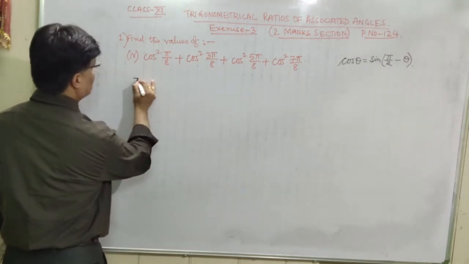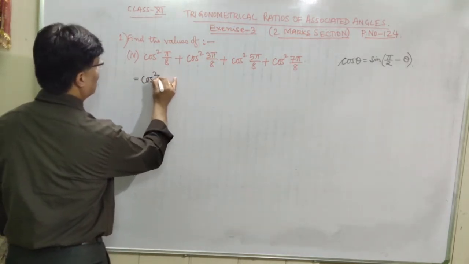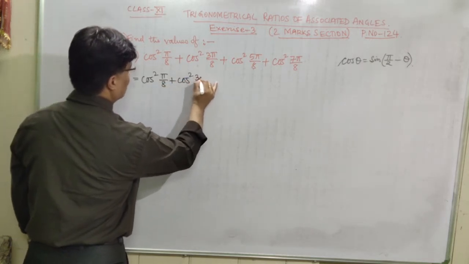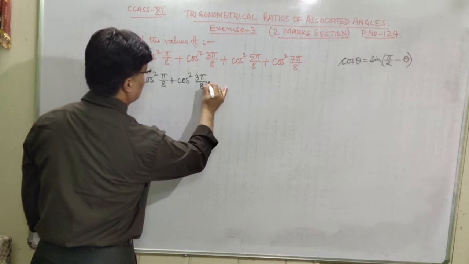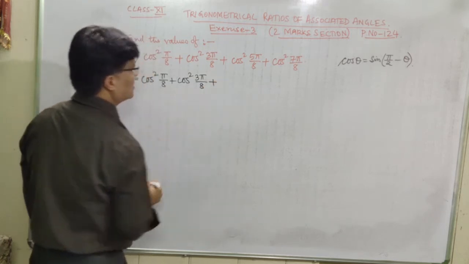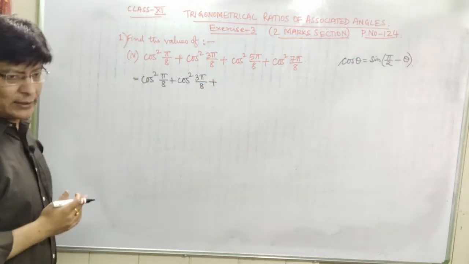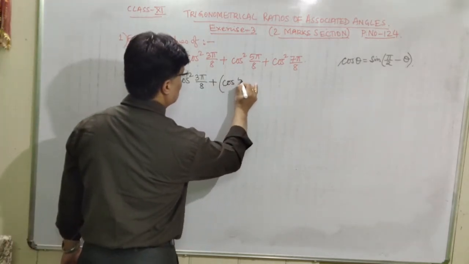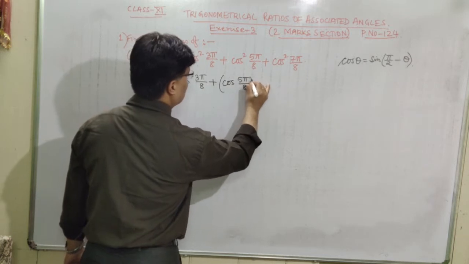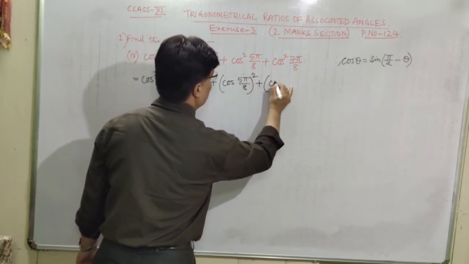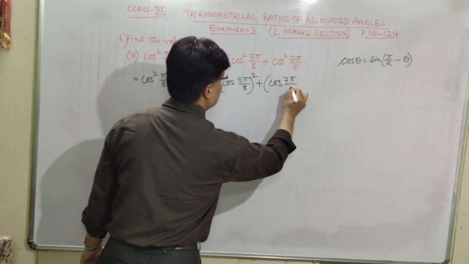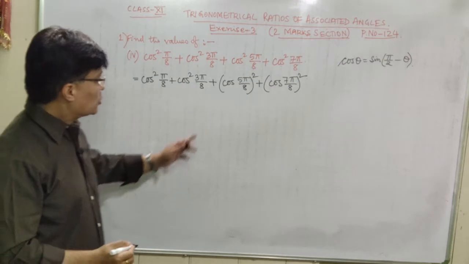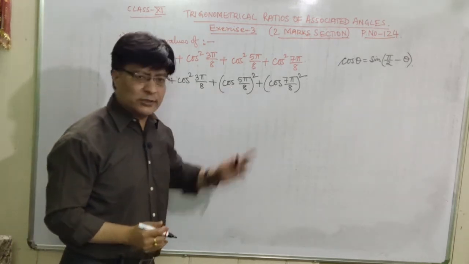So let us keep the first two terms as they are, that is cos square pi by 8 plus cos square 3 pi by 8, right? So plus, now this is cos square, so you can write it within whole square, okay? So it is cos 5 pi by 8 whole square plus, similarly this one is cos 7 pi by 8 whole square, okay? So now let us convert these two cos into sine.